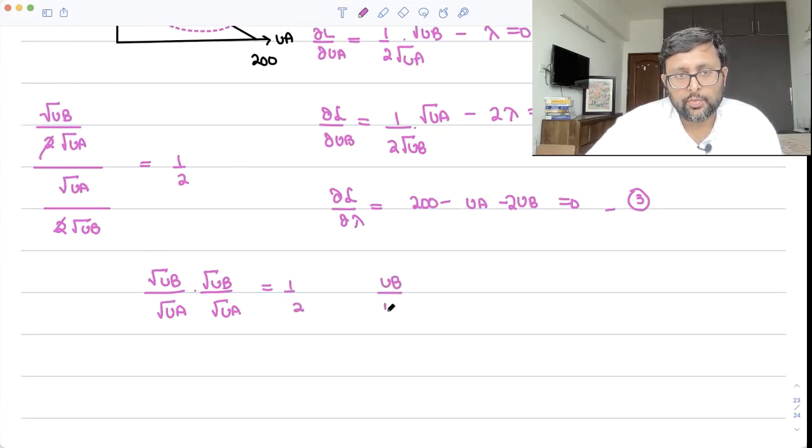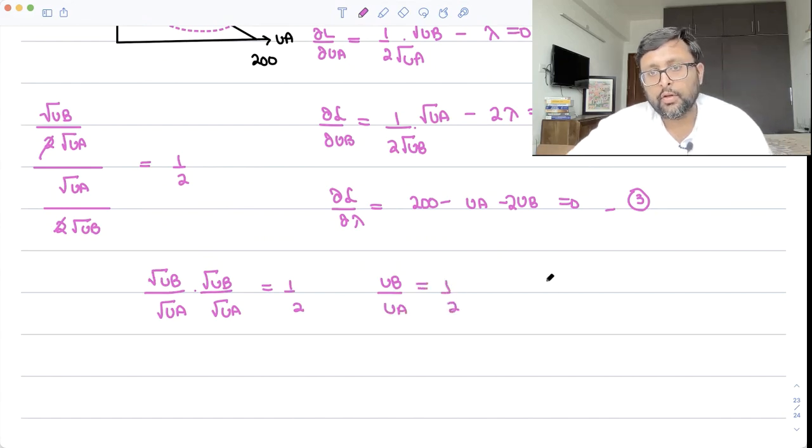So it is UB by UA is equal to half. So UA is equal to 2UB.